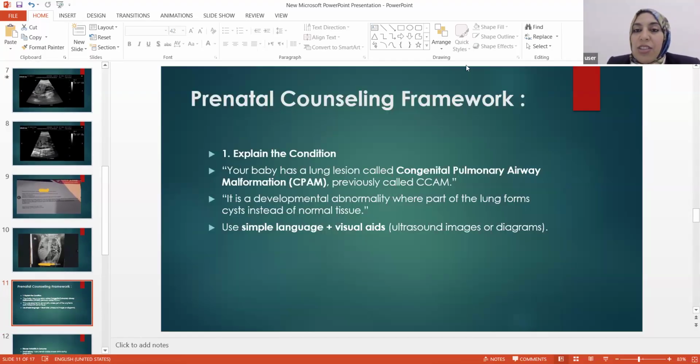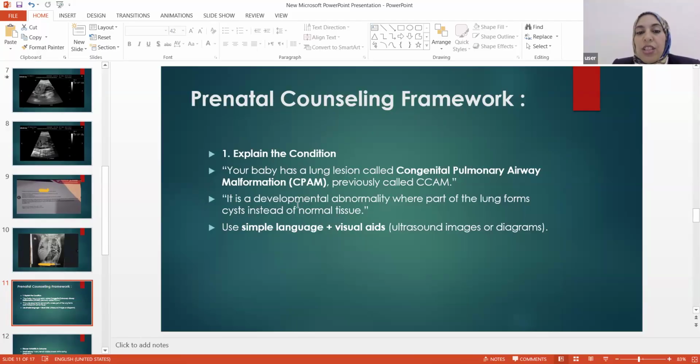The prenatal counseling framework has different steps. The first step, you must explain the condition to the mother or the parents, if the baby has a congenital airway abnormality or any other associated abnormality.